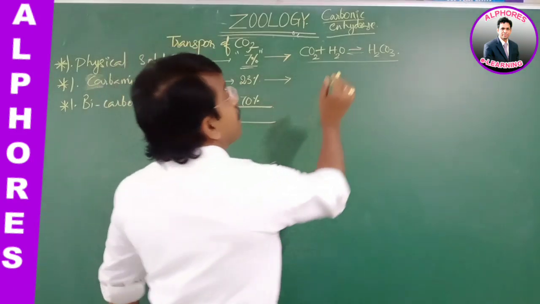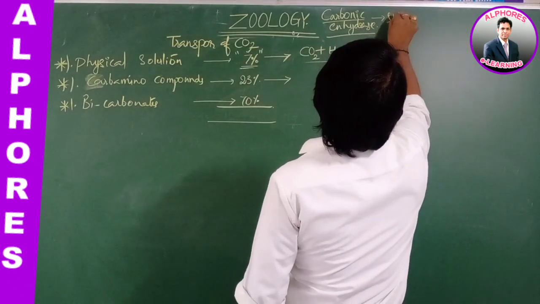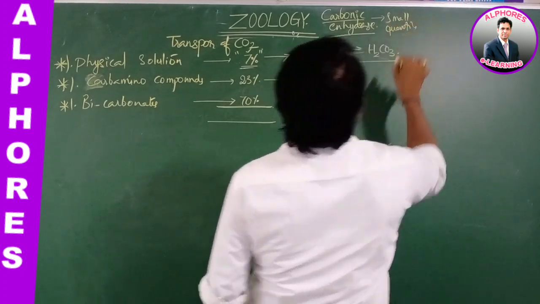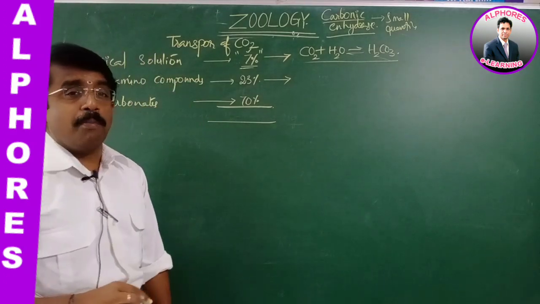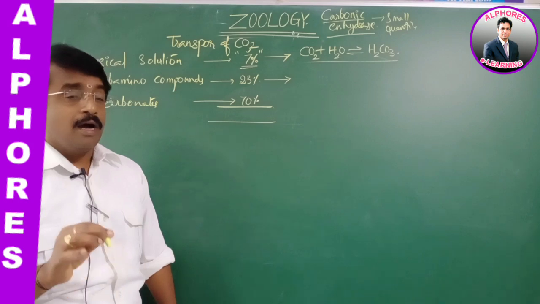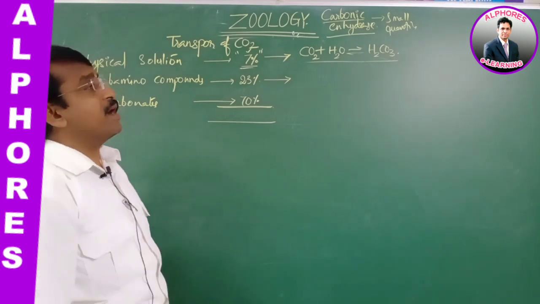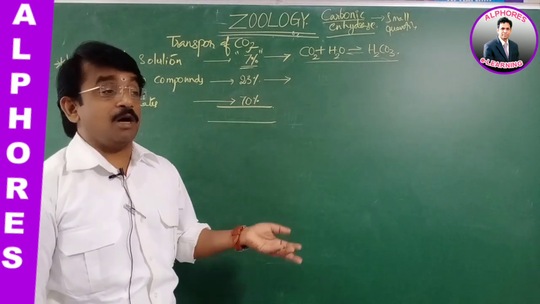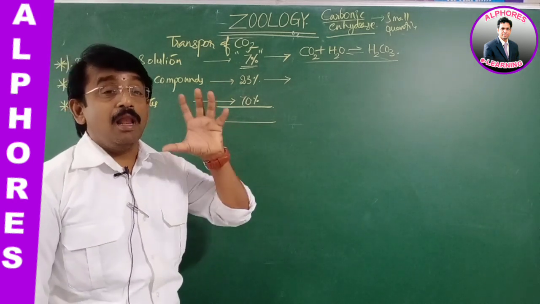This carbonic anhydrase is present in a small quantity in the plasma compared to the RBC. Its presence in RBC is much more, 5,000 times, a large extent.